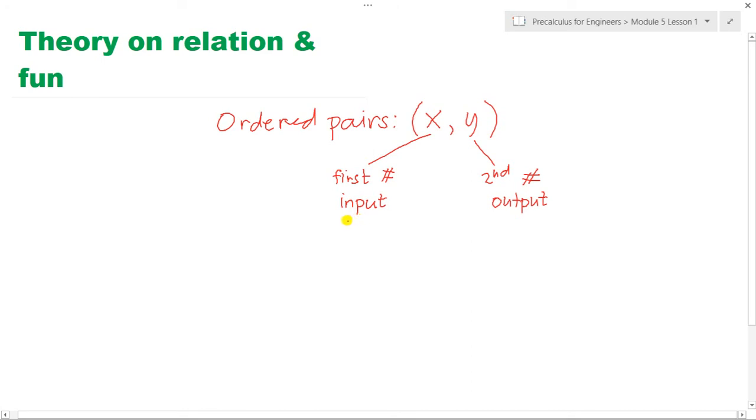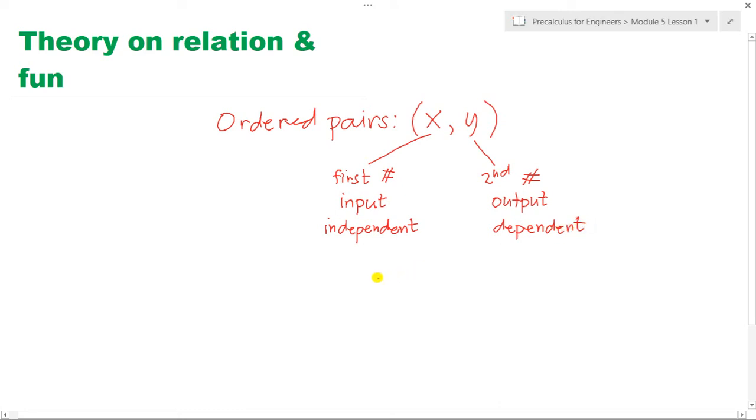And then next, input will be considered an independent variable. Independent, meaning it can stand alone. It does not rely on other factors or other variables. Whereas our output, since it is the result of our input, is dependent upon our input. So this is a dependent variable.